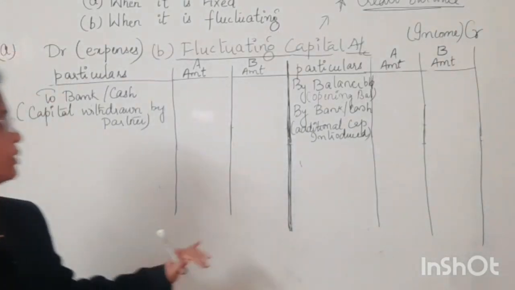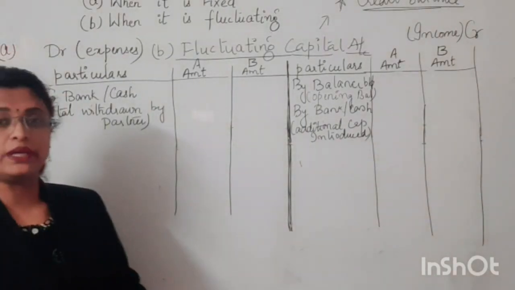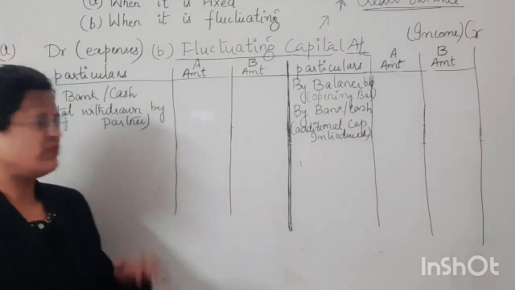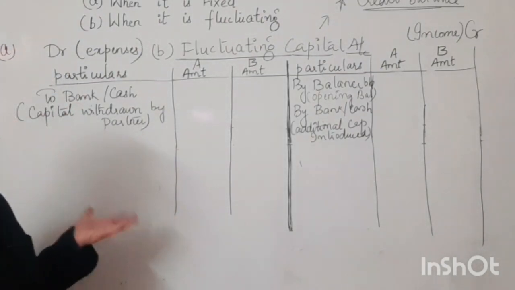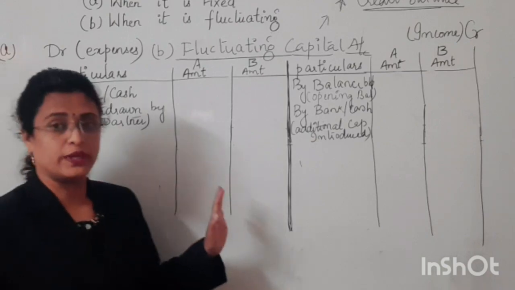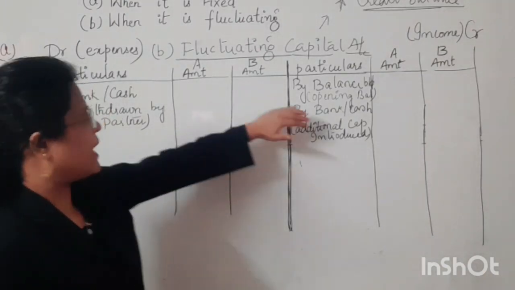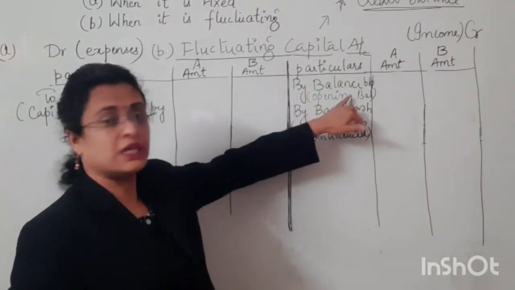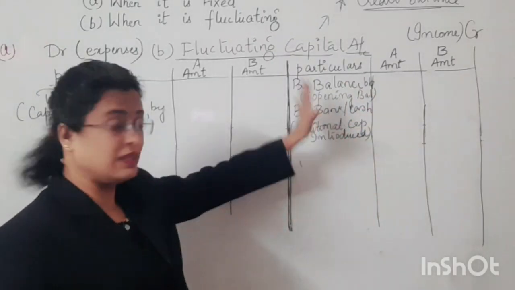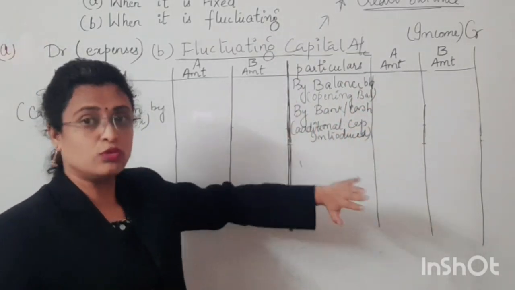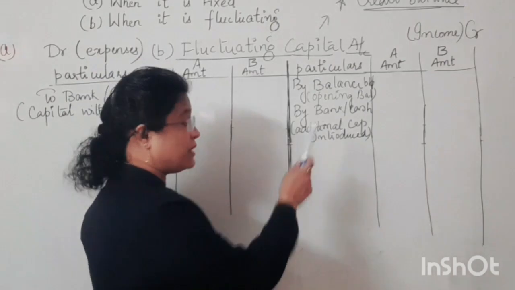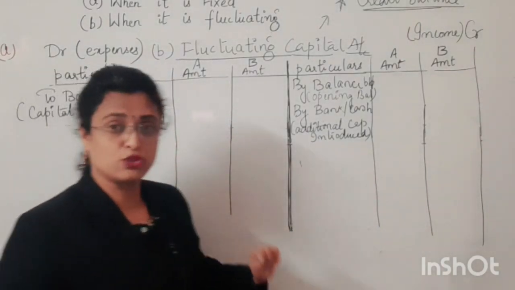My dear students, now here we will be making the fluctuating partners capital account. We have seen just previously how to prepare a fixed capital account. Now this is a fluctuating partners capital account. So the balance brought down of the fixed capital account will be shown in the same way, using the same rules we have discussed. Additional capital introduced, if there is any, will also be shown over here.